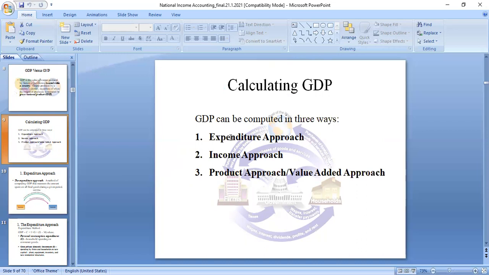We have the expenditure approach, the income approach, and the product approach, or the value added approach. Those are the three methods that we use in measuring national income.